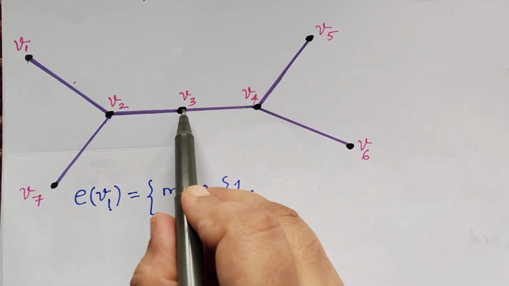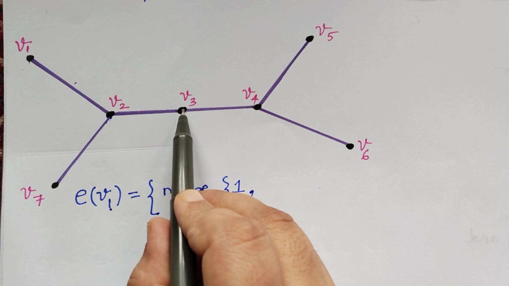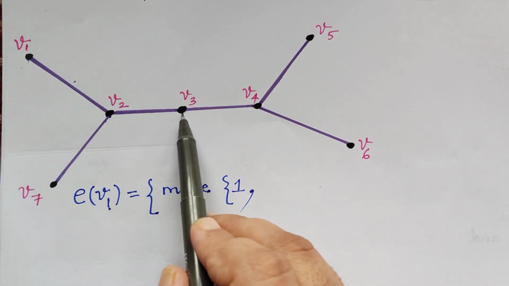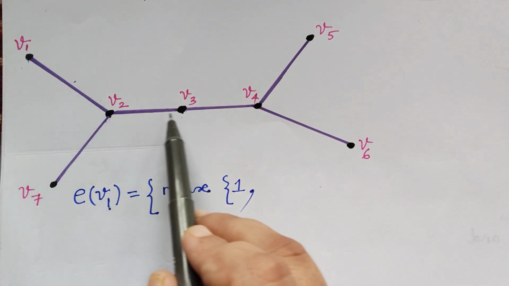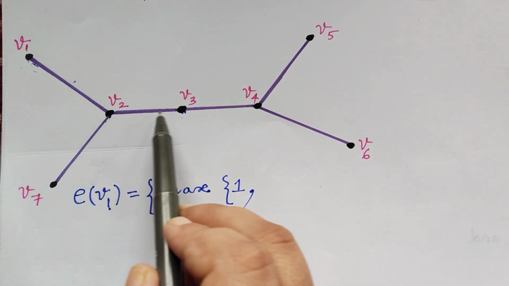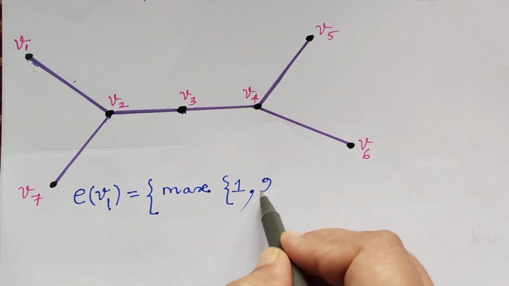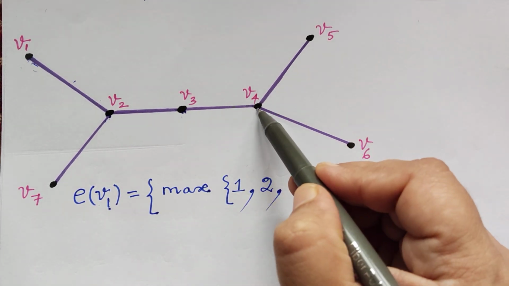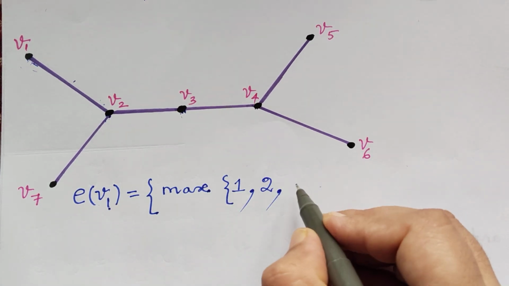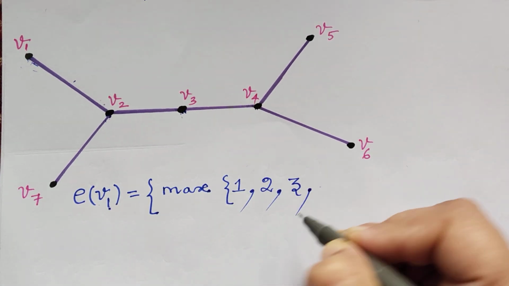What is the next vertex in this graph? V3. What is the distance of V1 from V3? There are two edges in this path, 1, 2, so it is 2. The next vertex is V4: 1, 2, 3, so there are three edges, so 3.